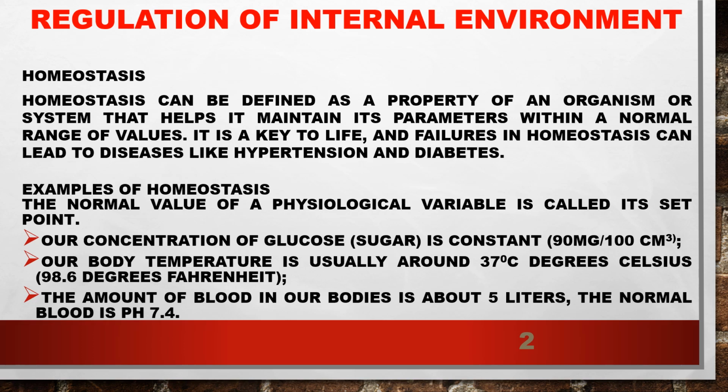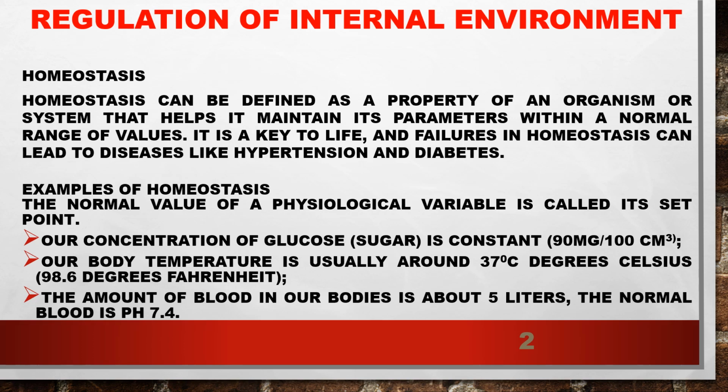When the homeostatic mechanism maintains the level of glucose at 90 milligram per 100 centimeter cube, that is when we will say that the volume of glucose in the body is kept within the set point value.